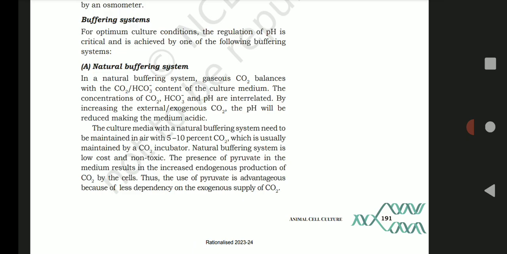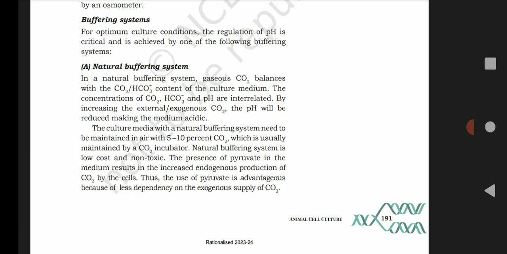Nearly 5 to 10% of carbon dioxide is usually maintained in the carbon dioxide incubator. Within our body, the carbon dioxide is generated and buffered by our own system, but in order to maintain the normal condition of these 5 to 10% carbon dioxide externally, we require a special instrument called a carbon dioxide incubator.